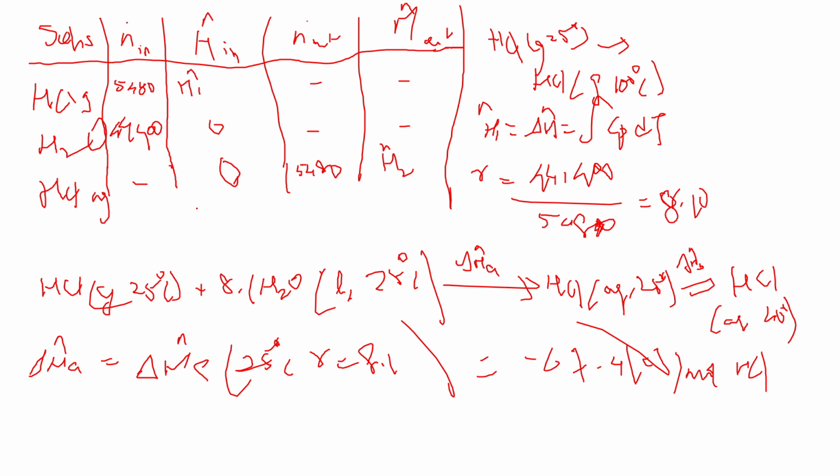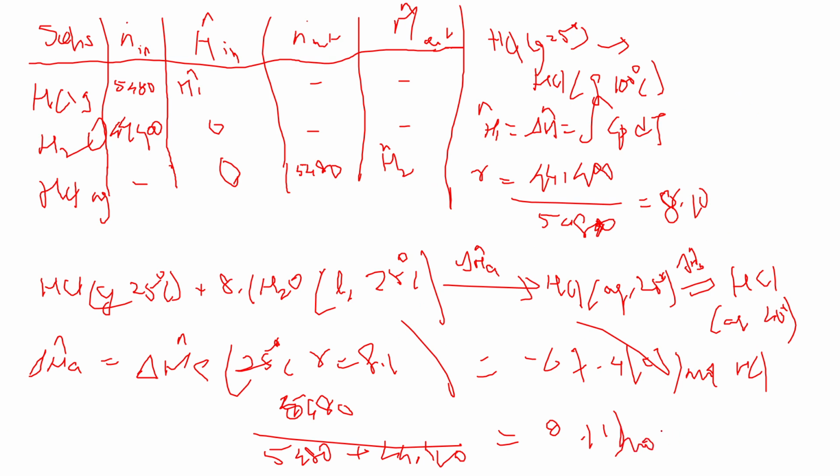So let's calculate the mole fraction of HCl also with the total mixture. So the mole fraction we will calculate by dividing the 5480 moles of HCl per hour by the total, which is 5480 plus 44,400, which is equal to 0.11 moles of HCl per mole of the total mixture.